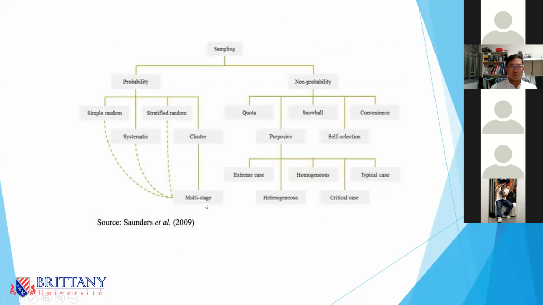Or non-probability, you can go for quota, snowball, etc. All the definitions are explained in the book I provided to you earlier. Just go and read it. In social science, usually we do probability sampling.